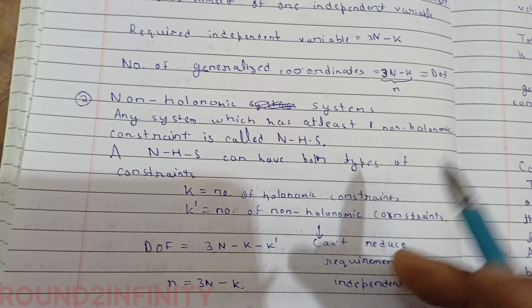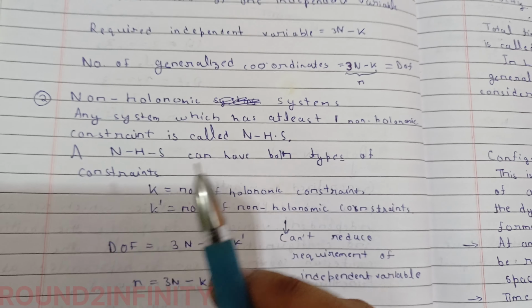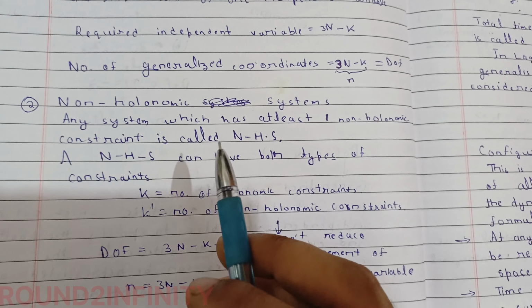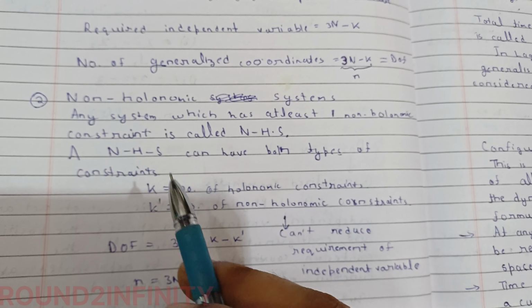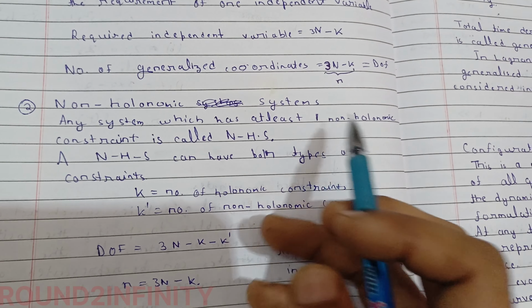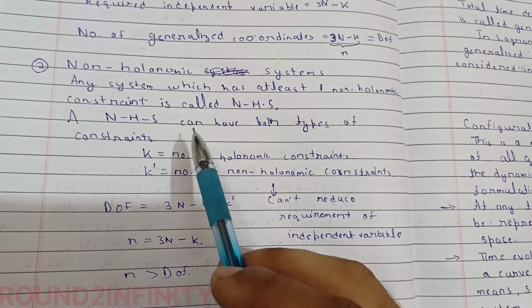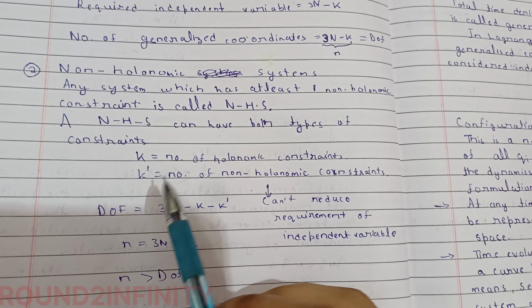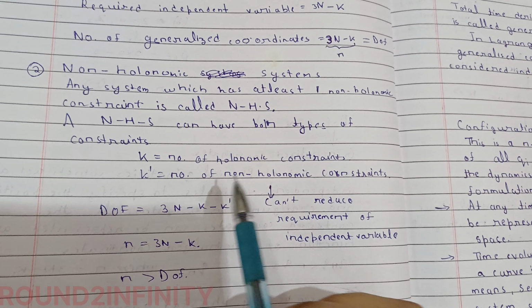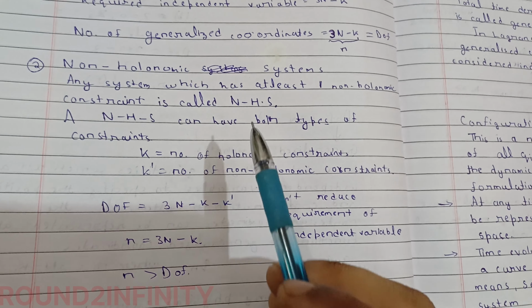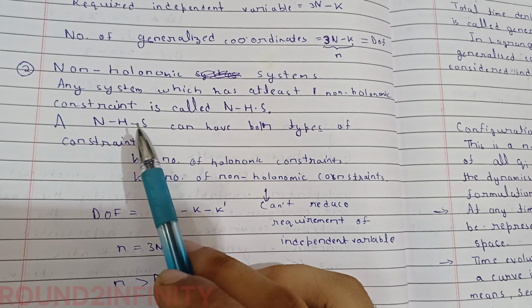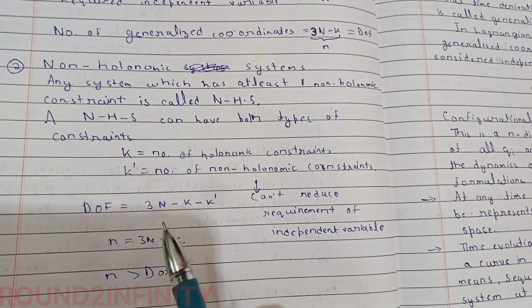So what is the meaning of this? These systems don't have the ability to reduce one independent variable. So any system which has at least one non-holonomic constraint is called a non-holonomic system. A non-holonomic system can have both types of constraints, k number of holonomic constraints and k dash number of non-holonomic constraints. Even if one non-holonomic constraint is present, we call that system non-holonomic.